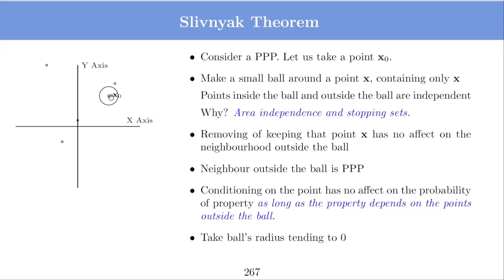First of all, you have to prove that this is a stopping set, and then prove that the two regions are disjoint, so they are independent of each other. So if I remove any point in this ball, that has no effect on the neighborhood around the ball, right?